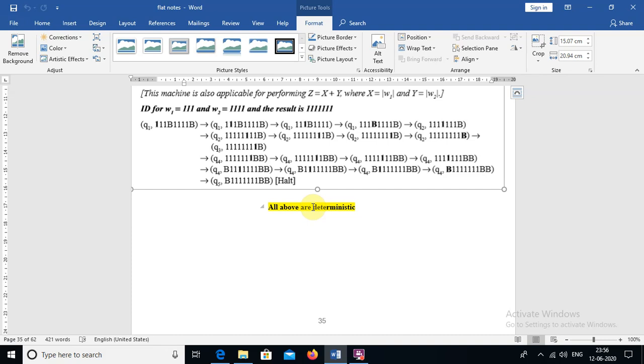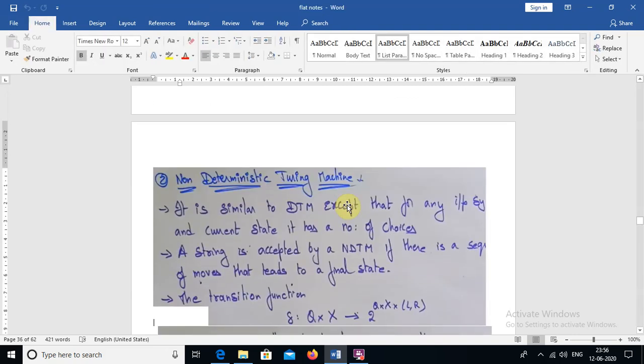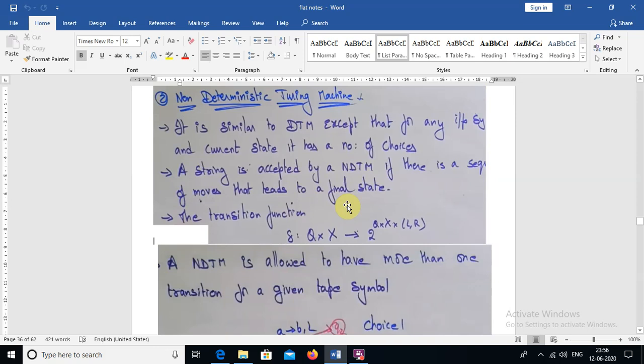If you have a choice, that means from one state to more than one state for the same input, then it is called non-deterministic. So all the examples we discussed till now are deterministic. In the Turing machine also there is a possibility of non-determinism. We'll see the non-deterministic Turing machine.